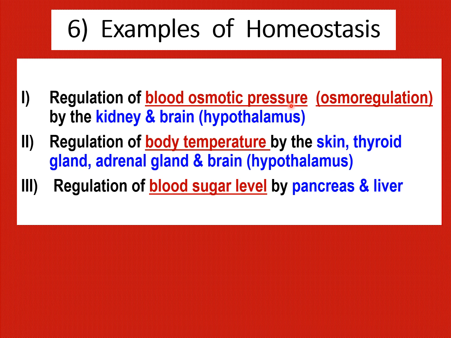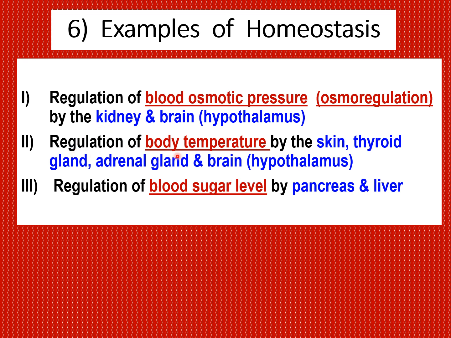That is controlled by the kidney and the brain. The process of regulation of blood osmotic pressure is also called osmoregulation. Osmo stands for osmotic pressure, so control of blood osmotic pressure is osmoregulation.